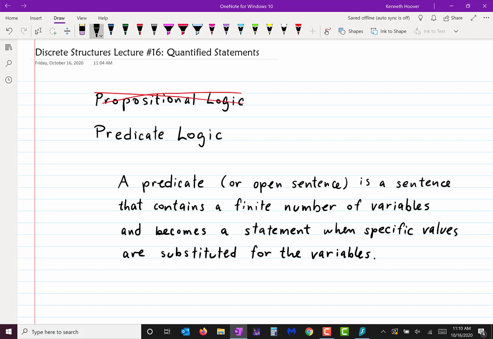And by the way, when we say values, that doesn't have to mean numbers. That could be other statements.